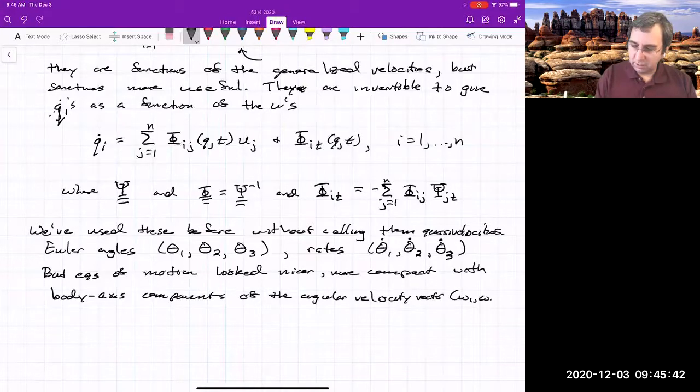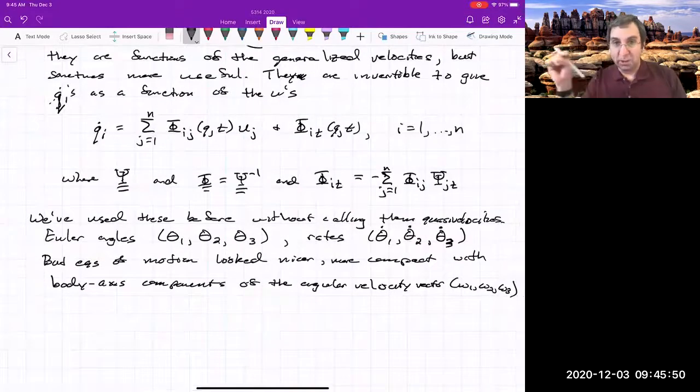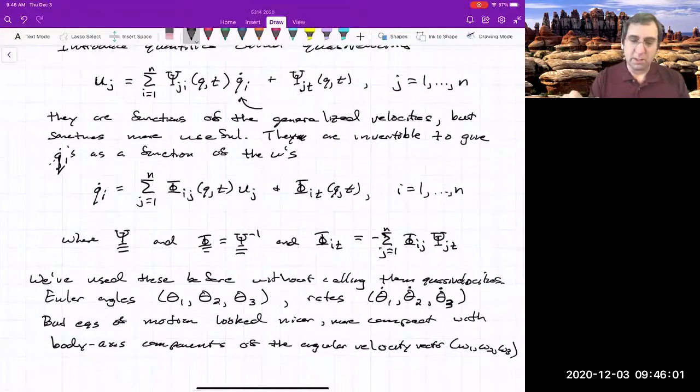Right, omega 1, omega 2, omega 3. And then Euler's rotational equations of motion were related to omega 1 dot equals something, omega 2 dot equals something, omega 3 dot equals something. And the relationship between these looked exactly like these two formulas up here.